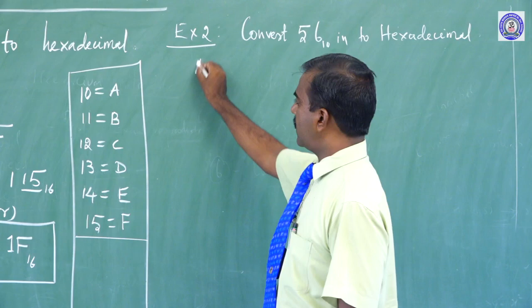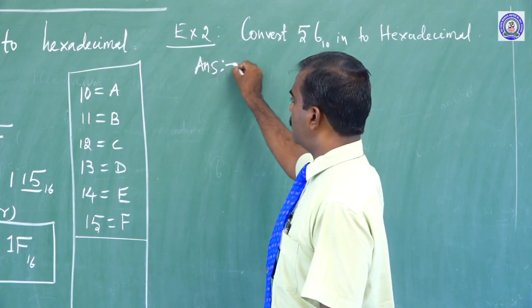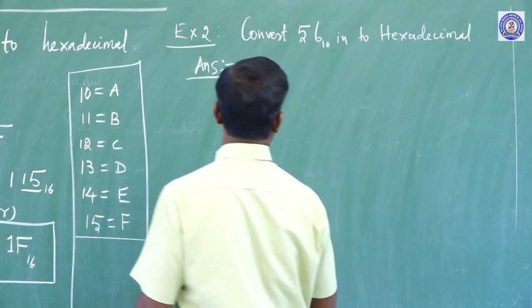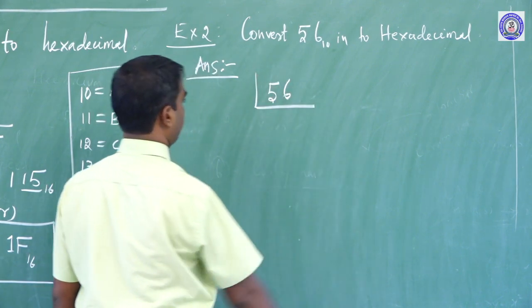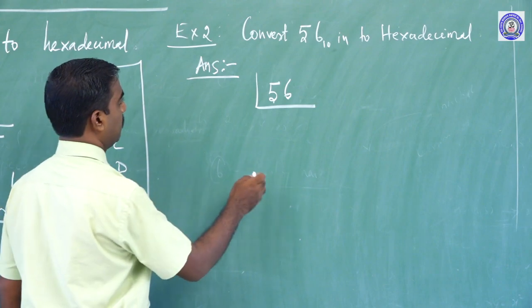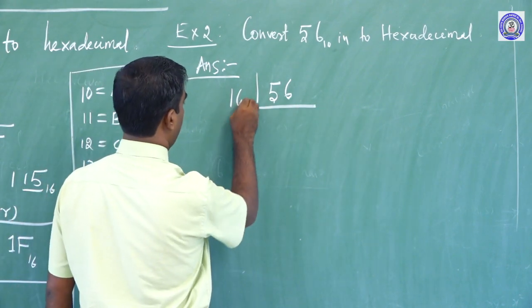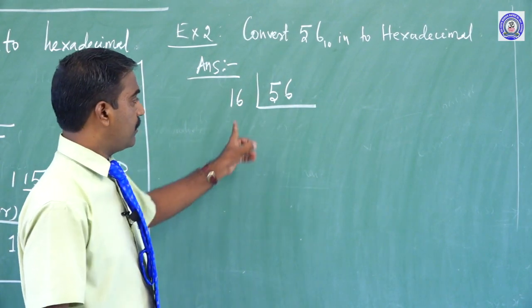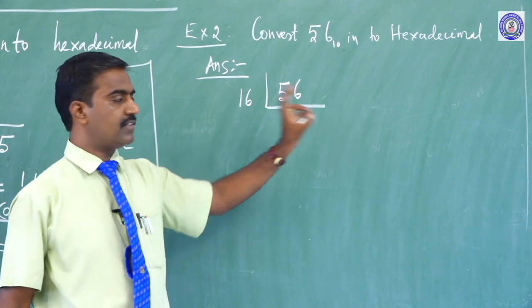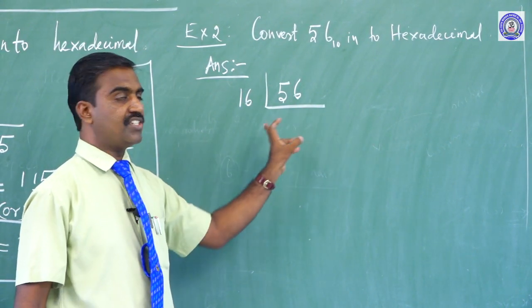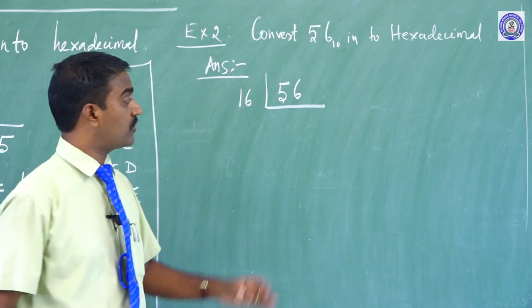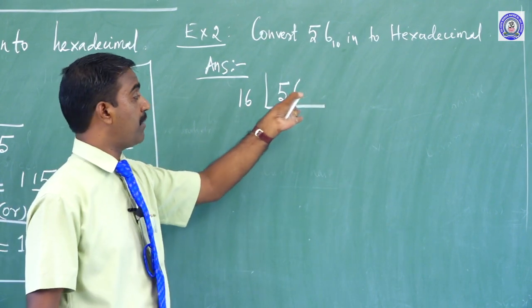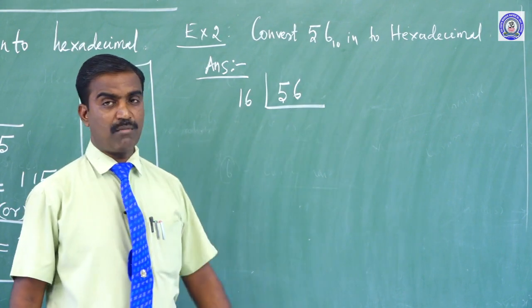Sir, with this type of sums we will work out and answer this. The given value is 56. Clear? Yes. We will divide by hexadecimal base, which is 16. Dear children, 16 ones are 16, 16 twos are 32, 16 threes are what? 48, 16 fours are 64, but 64 compared with 56 is the maximum value.